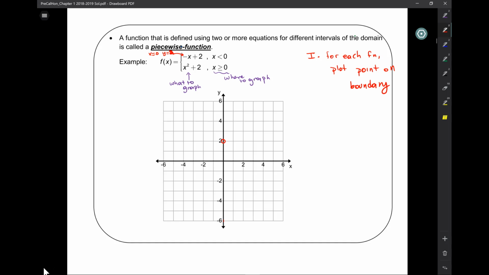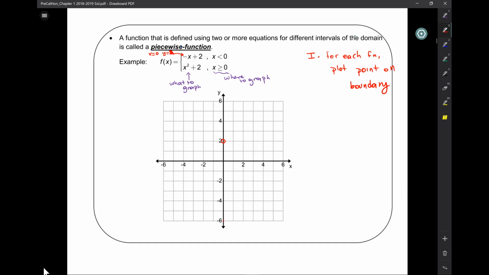What's one thing you could do to graph that linear function? Rise over run, but you have to go the opposite way, right? Because you're only graphing here. So if this is negative x, you know it's going down. If you're going to do slope, if you go up 1 or down 1 to the right 1, you go in the opposite direction. So you have to make sure to go opposite.